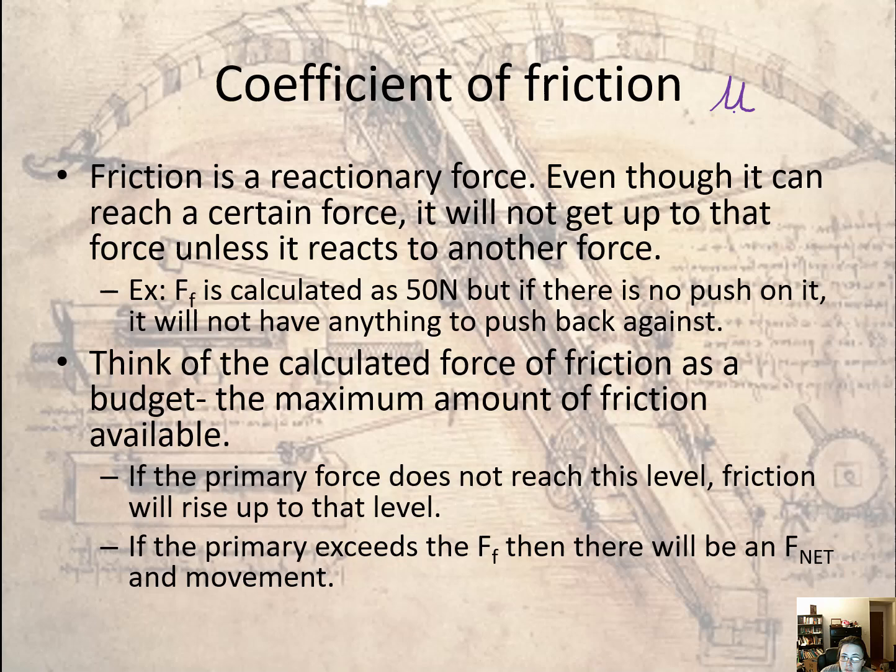So if the primary force does not reach that level, then the friction will only rise up to that level. But if it exceeds that level, it becomes more than the force due to friction. That's when you'll have movement and a net force. If they're equal, this is equilibrium, which we have talked about before. There can be movement during equilibrium, but it can't move from rest unless there's a net force.